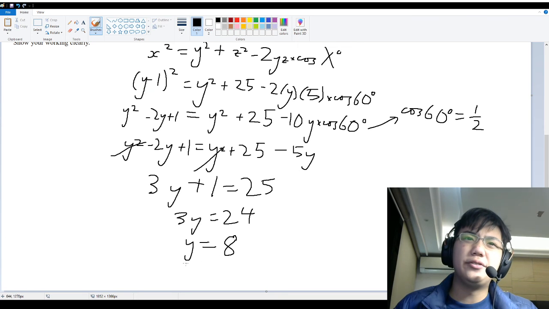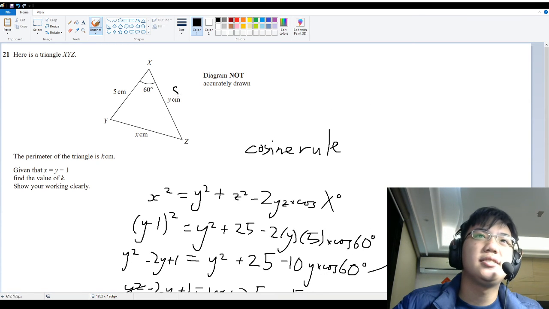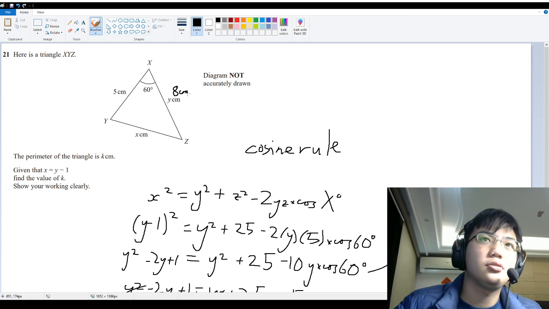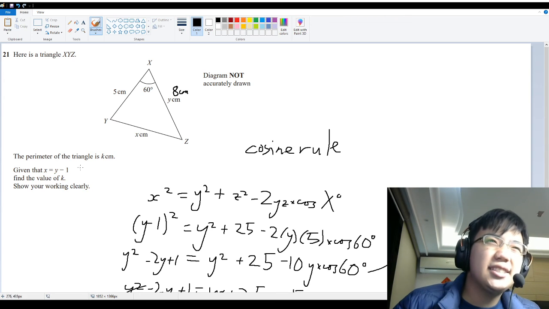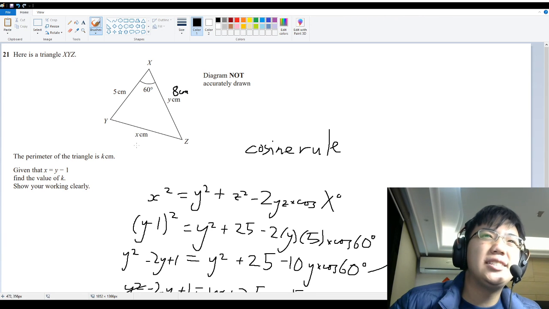Therefore, we have the value for y, which is one of the sides: 8 centimeters. And since x is y minus 1, this side would be 7 centimeters.